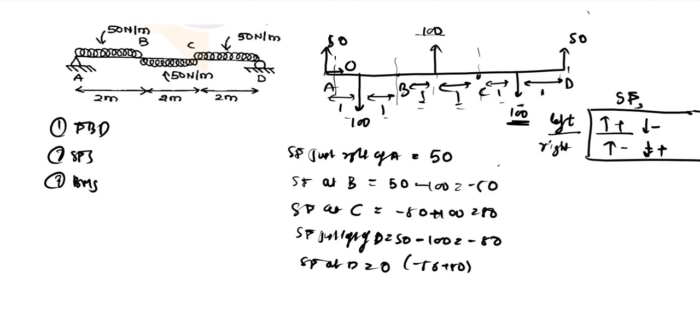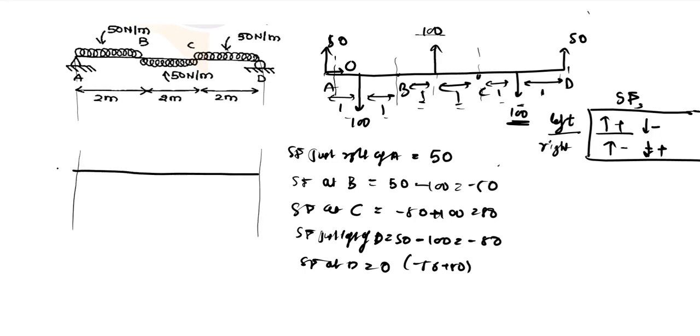So if you draw the shear force diagram according to the values we have calculated, let us say A, B, C, and D. Just right of A, it is 50. At B it is minus 50.